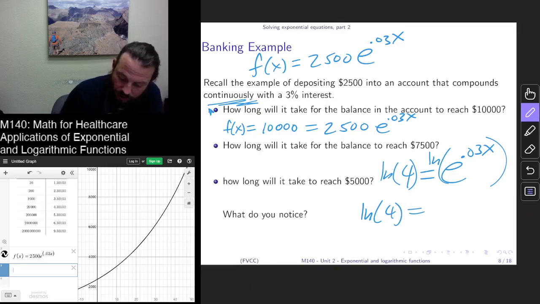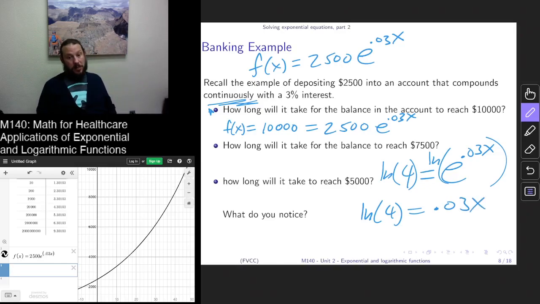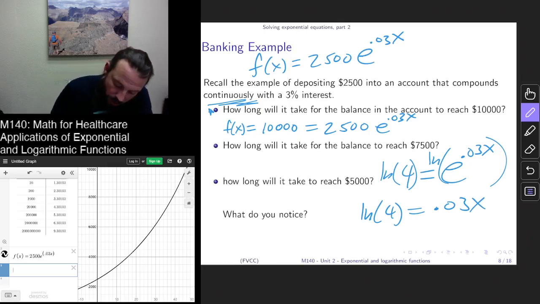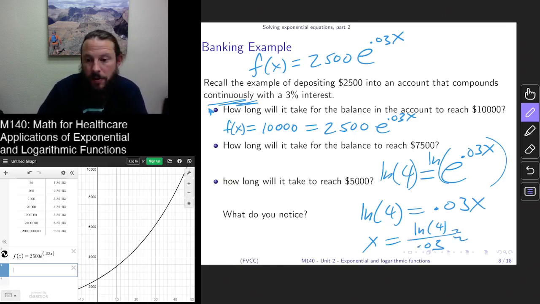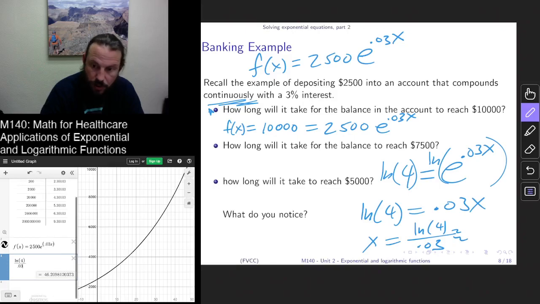The natural log undoes e. Another way to think about that is this is 0.03x. And if you're unsure of that, be sure to revisit the video from last time on why that happens. So that we get x equal to the natural log of 4 over 0.03, which is approximately, let's go over here and check it out, ln 4 divided by 0.03.